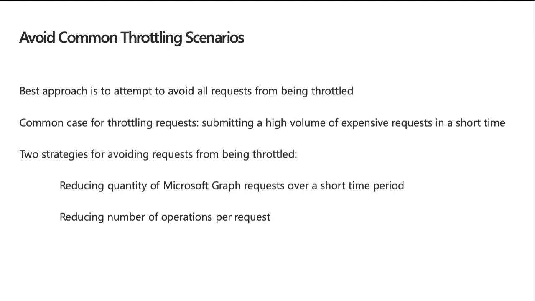Another option is to limit the number of operations per request. A query that includes multiple $expand and $filter query parameters is much more expensive than a simple read operation that limits the data set using the $select query parameter. However, keep in mind that these are not perfect strategies that ensure your application is never throttled. Your application could experience a burst in traffic and usage that makes it impossible to completely avoid some requests from being throttled.